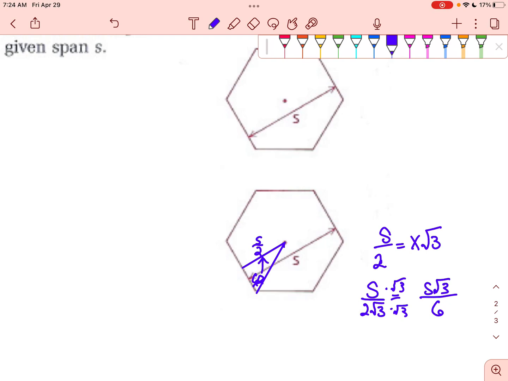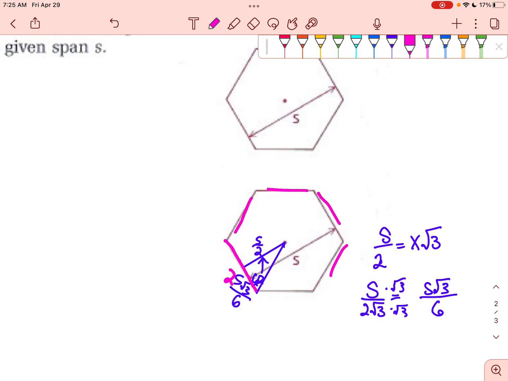And so what happens is that means that this side is S root 3 over 6. And so that means that the entire bottom is twice that. So this is 2s root 3 over 6.